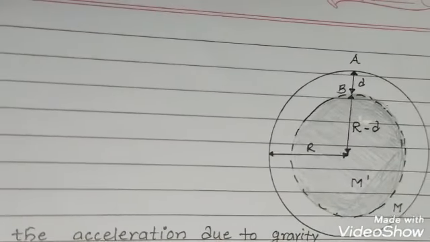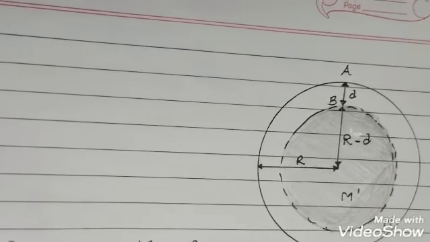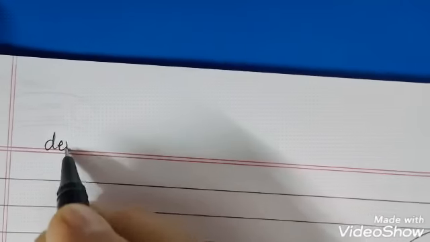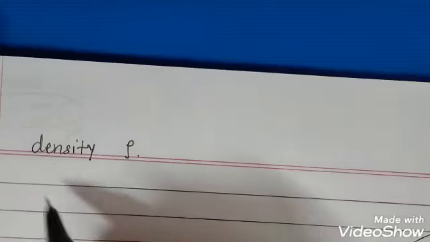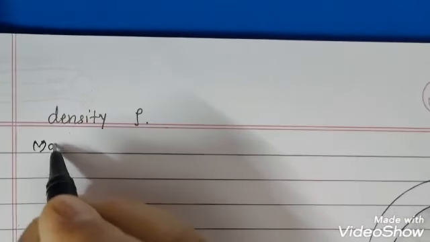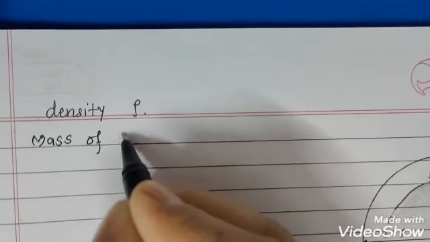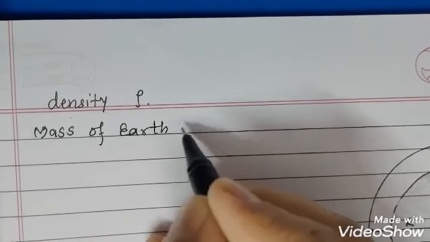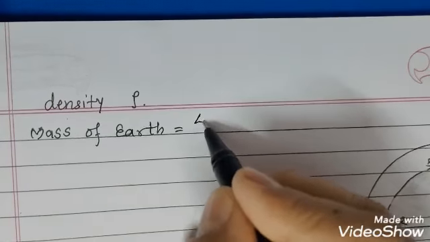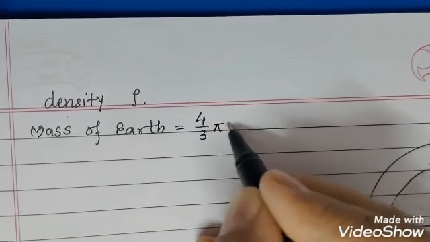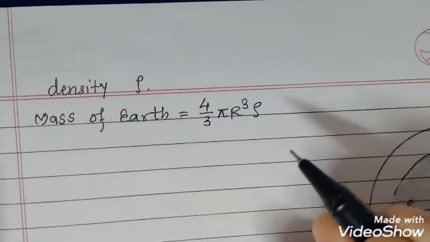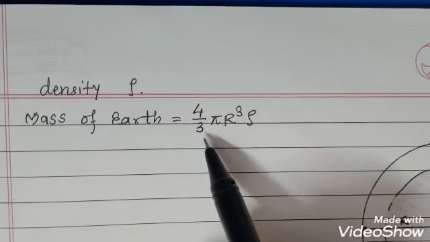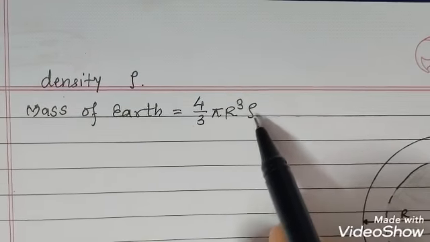So the mass of earth, because it is a sphere, is 4 upon 3 pi r cube rho. That is, the mass of earth is volume into density. The volume of earth is 4 upon 3 pi r cube.